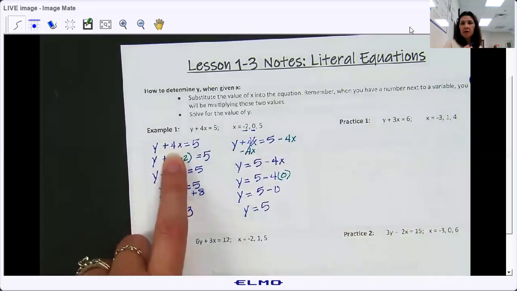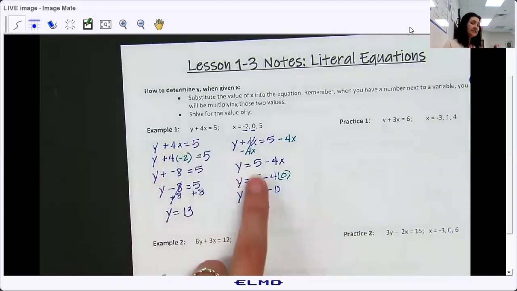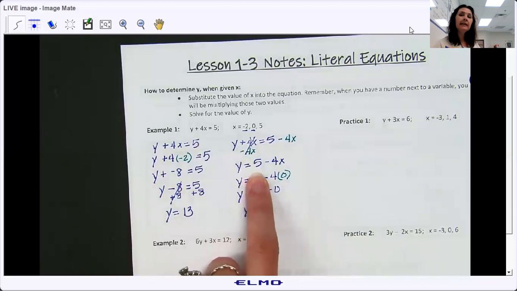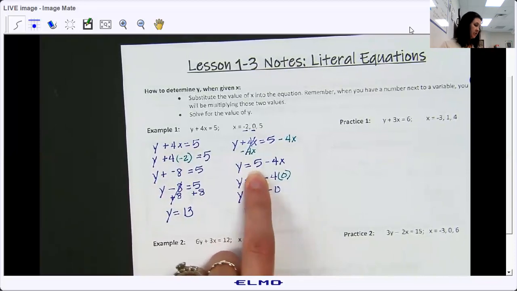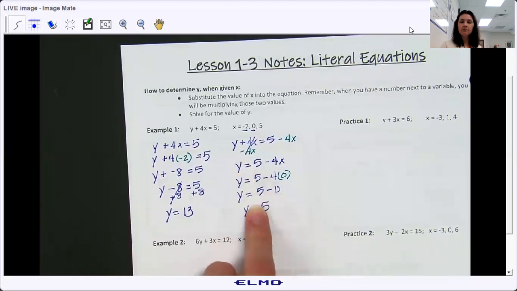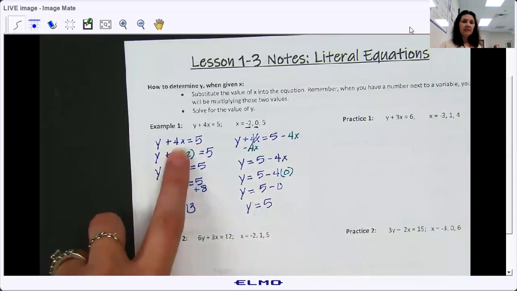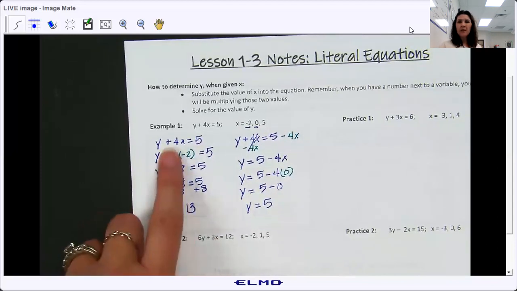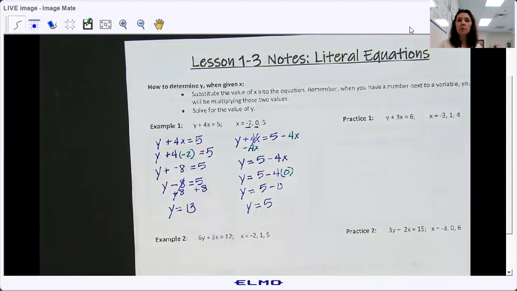One is just keeping the equation the way that it originally was, plugging in that value and still solving for Y. The other way is to rearrange the equation set equal to the variable you're looking for. So we're looking for Y, so we set the equation equal to Y and then solve. Either way works. A lot of students believe that this is the most simple way. So you just need to use whatever way works for you.